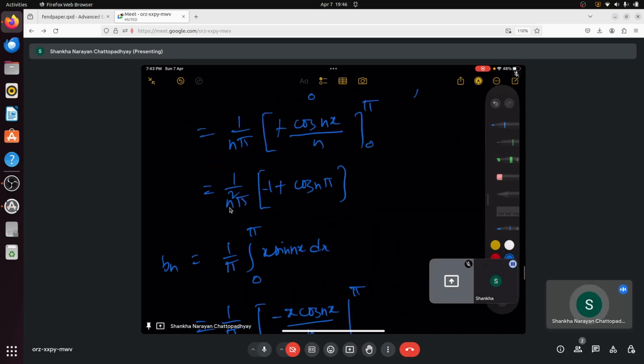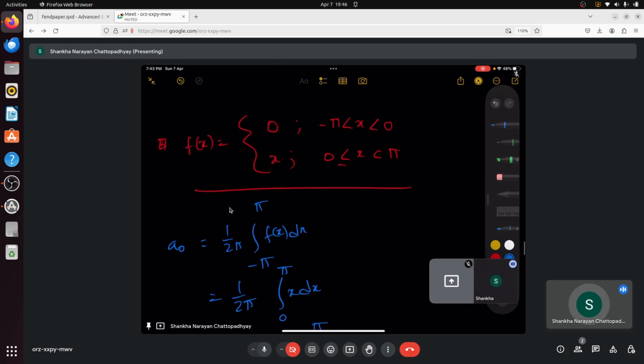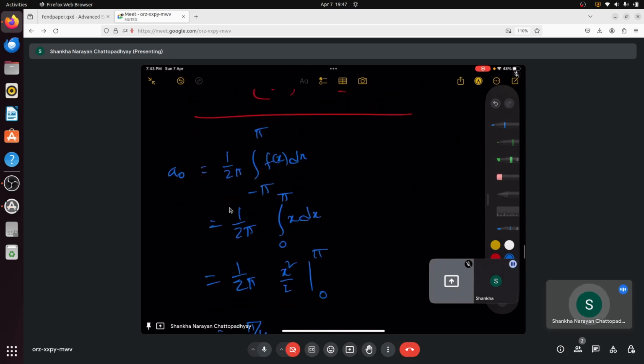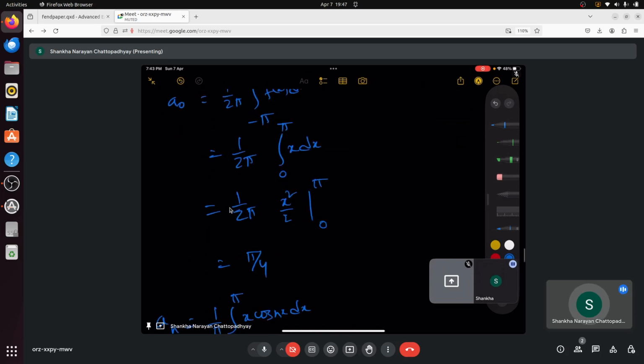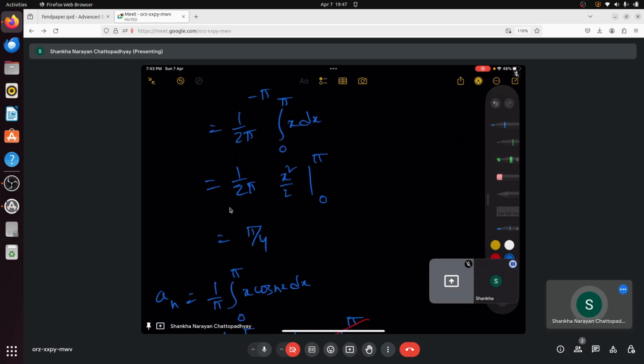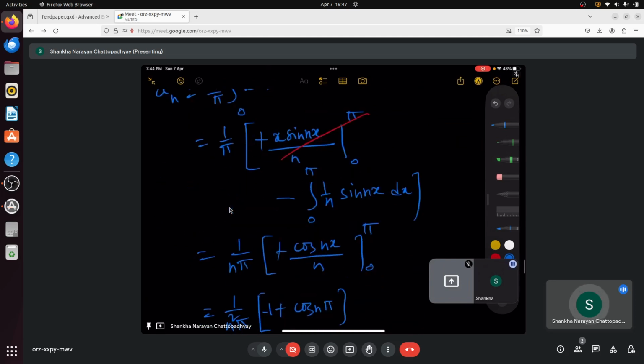I am just discussing this problem once again. So f(x) equals 0 for minus pi less than x less than 0, x for 0 less than or equal to x less than pi. So you get 1 by 2 pi integration from minus pi to pi of f(x) dx, that is 1 by 2 pi integration from 0 to pi of x dx. So a0 is pi by 4. Now you just proceed in the similar way.